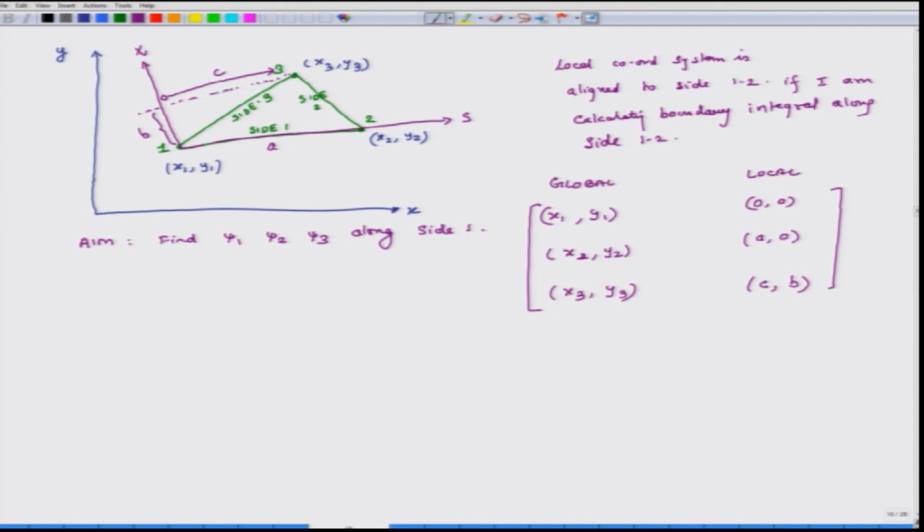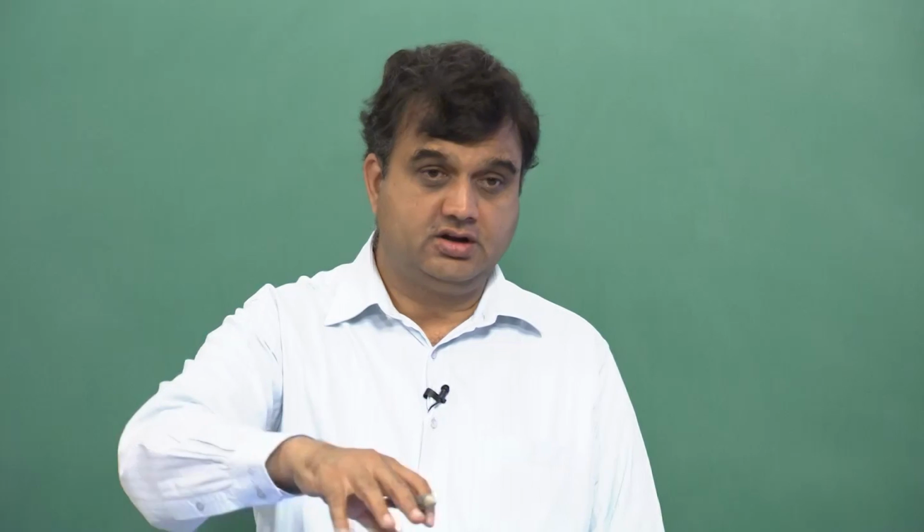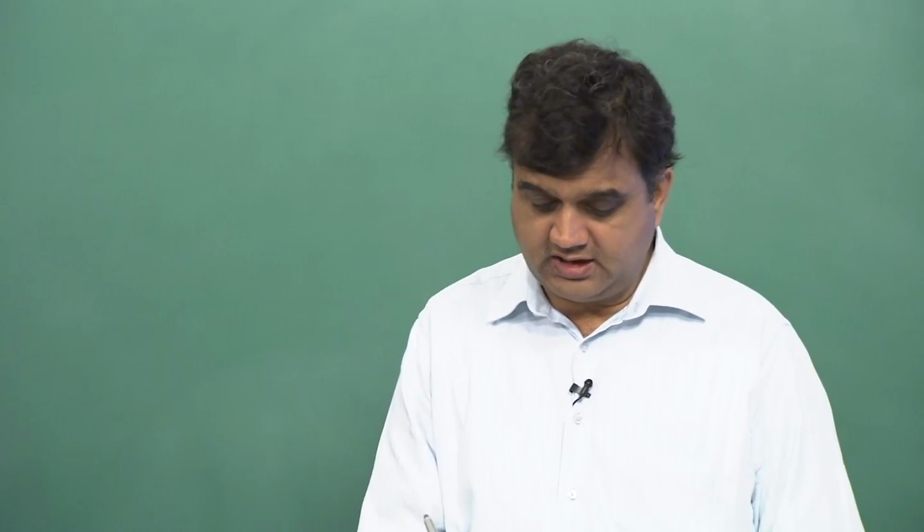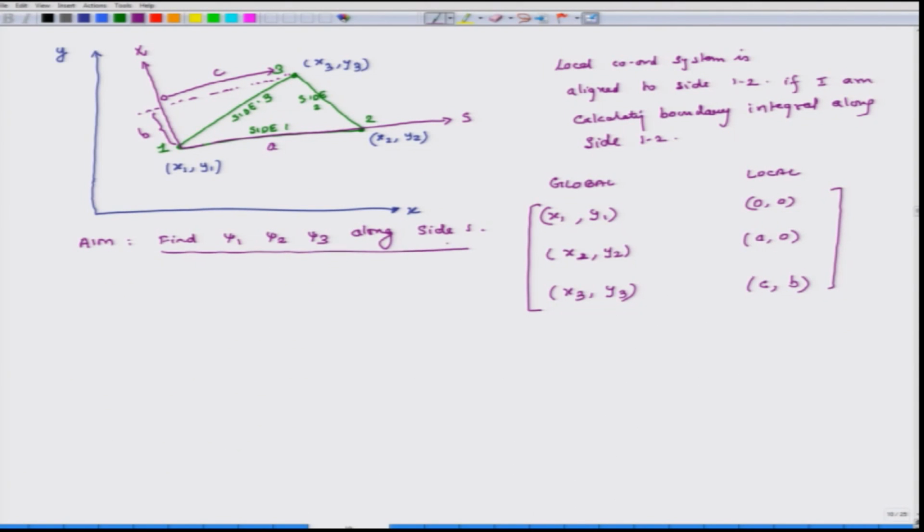We are interested in finding psi 1, psi 2, psi 3 along side 1, because I am interested in calculating the boundary integral along side 1. If I was interested in finding the boundary along side 2, then my local coordinate system will get reoriented and repositioned. So this is our aim. We want to find psi 1, psi 2, psi 3 along side 1.